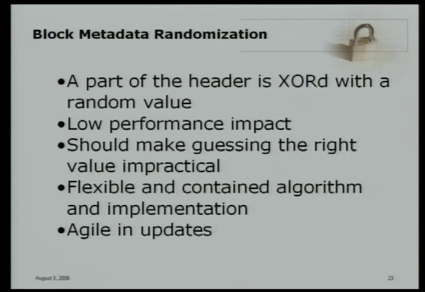And obviously it needs to have a very low performance impact, as I mentioned before. We also took the stand to restructure the heap management code to have a very flexible and very contained algorithm, so it can be very easily updated. As we find out about some way around those things, we can very easily go and change the structure, change the algorithm, and so on. So we want to be agile in updates.